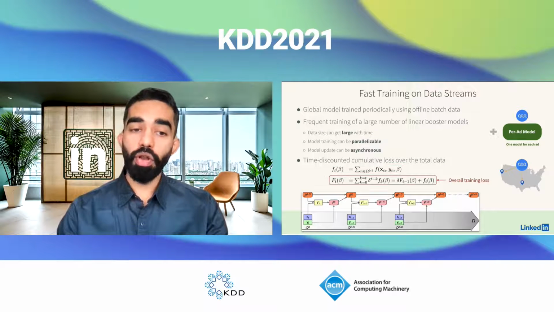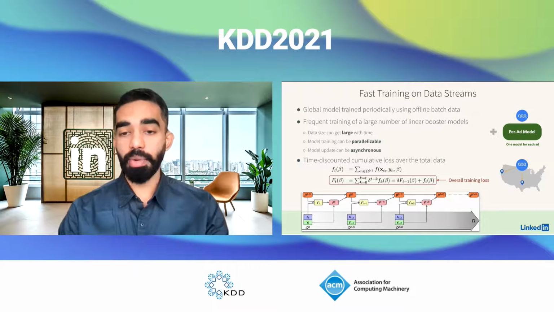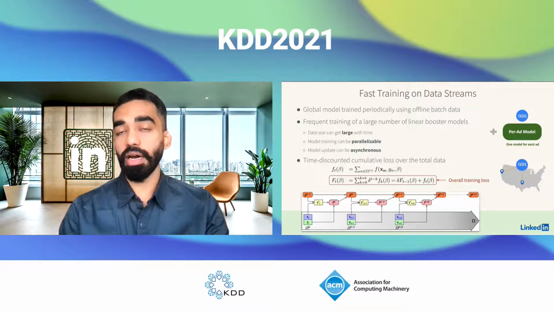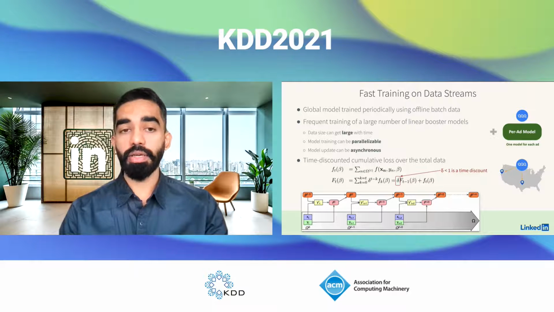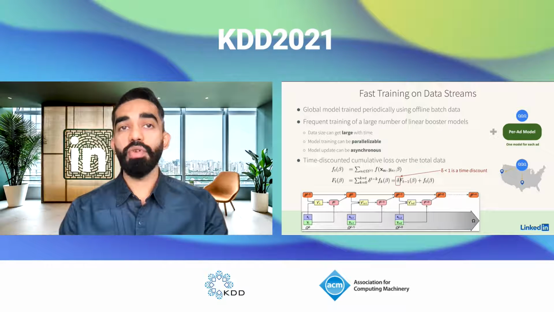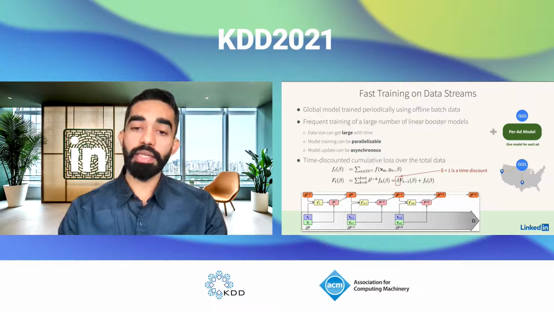Now, the overall loss function, which is denoted by capital F, is then an aggregation across all of the mini batches where older mini batches get discounted and newer mini batches get a higher weight in the loss function. What this means in practice is we're saying the more recent the data is, the more important it is for our model to learn from. And by setting a value of delta less than 1, we end up discounting older batches of data.